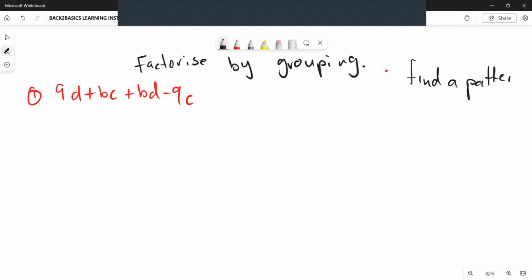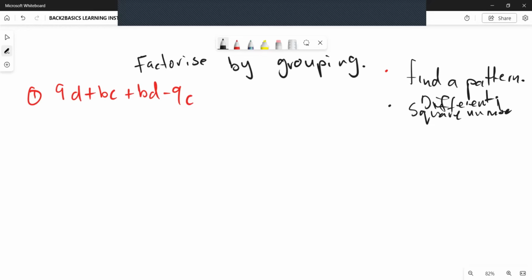Try and find a pattern. Pattern can also be driven by finding whether you have anything that is common, or do you have any square numbers, or rather difference of two squares. These are some of the things that you can try and check.